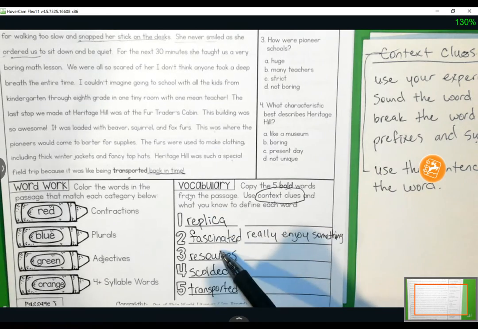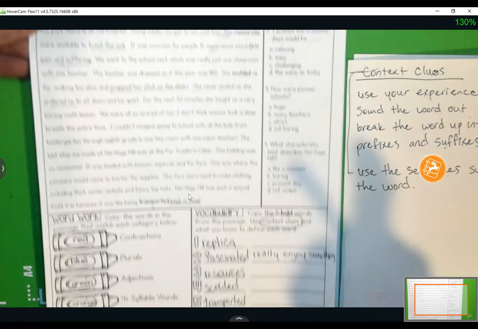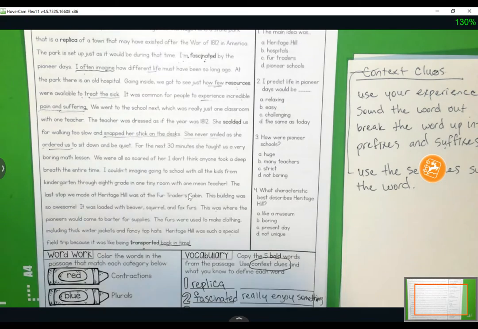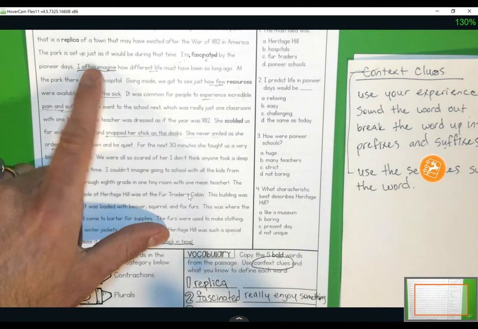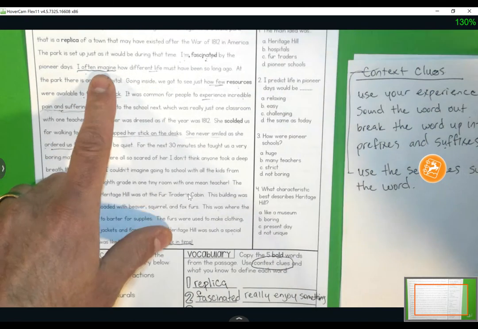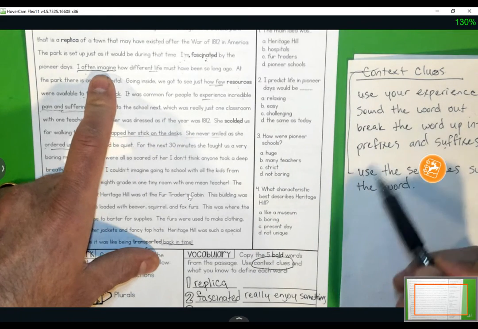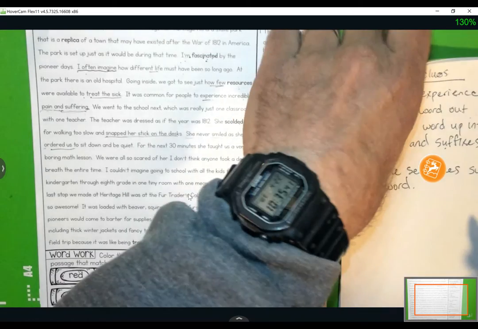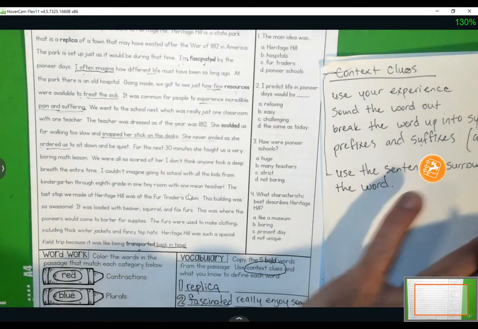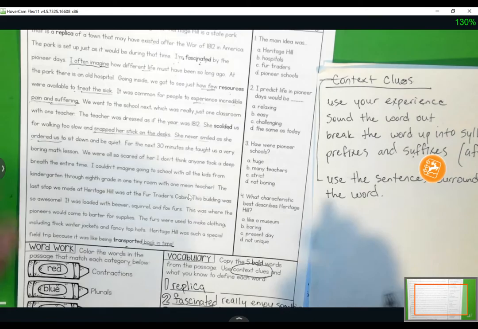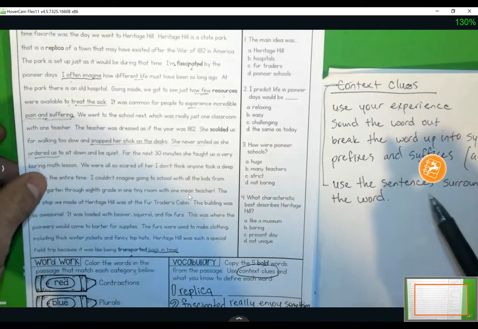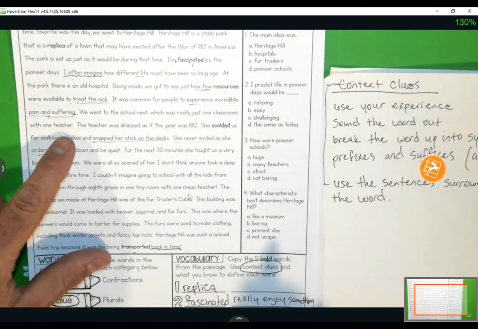The next word we're going to look at is resources. Back to fascinating, I often imagine would be that context clue. After I've used my experiences, I've sounded it out, I've broken the word up into syllables, I've looked for prefixes and suffixes, it starts to uncover the clues of what a word means, all right?